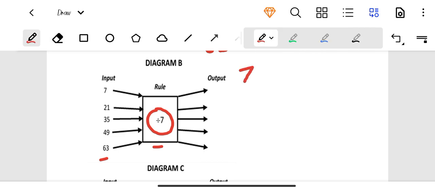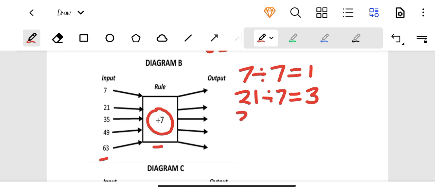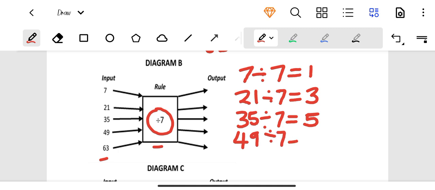So 7 divided by 7 is going to be 1. 21 divided by 7 is 3. 35 divided by 7 is 5. 49 divided by 7 is 7. And 63 divided by 7 is 9.